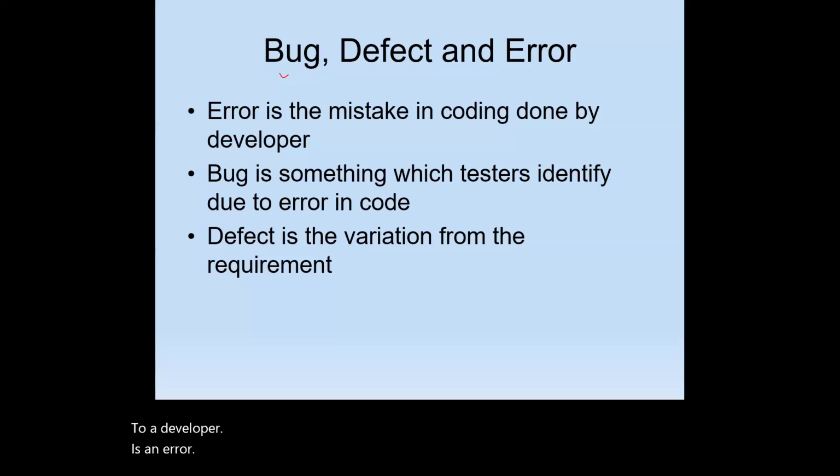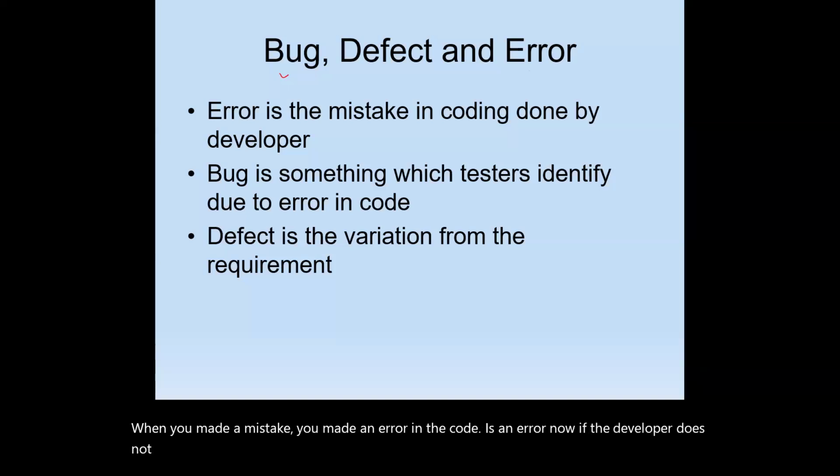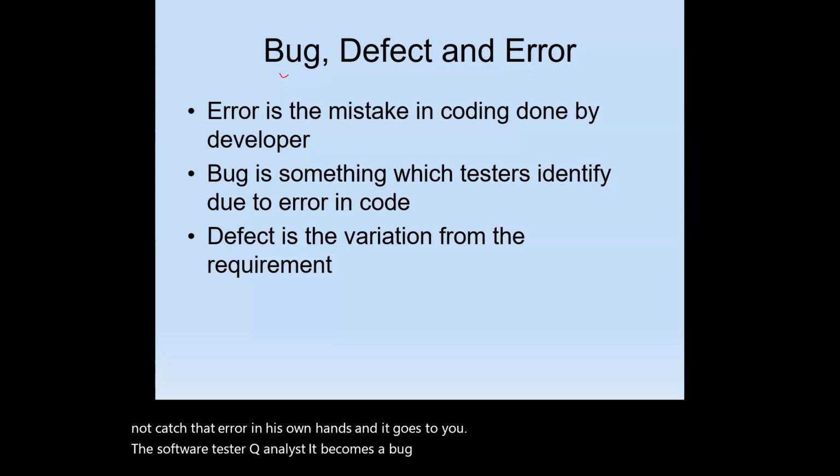When he made a mistake in the code, it is an error. Now, if the developer does not fix that error on his own end and it goes to the software tester, the QA analyst, it becomes a bug to you.